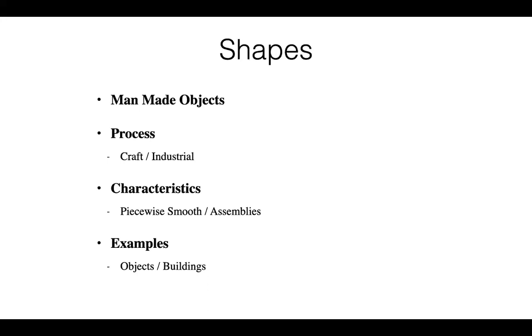So some examples of the man-made objects are regular 3D objects created by some design process, or constructed objects like buildings and other large shapes that are in our day-to-day environment.